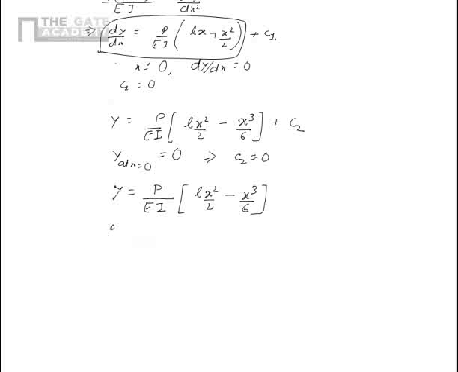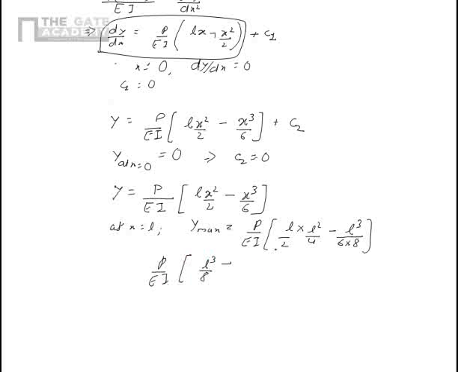Now at x equal to L, we have the maximum deflection y max, which is equal to P upon EI (L into L square by 2 minus L cube by 6).